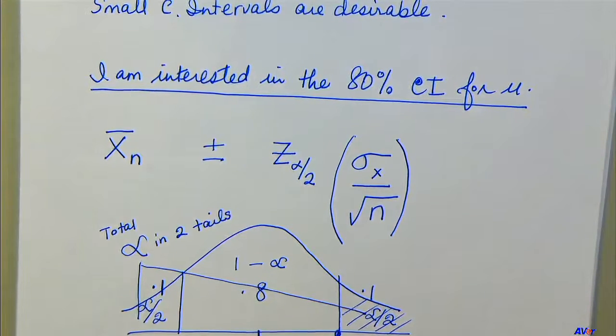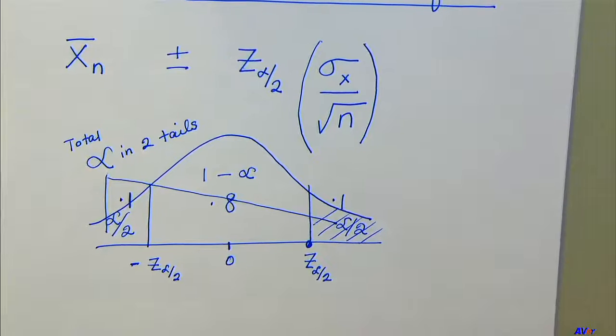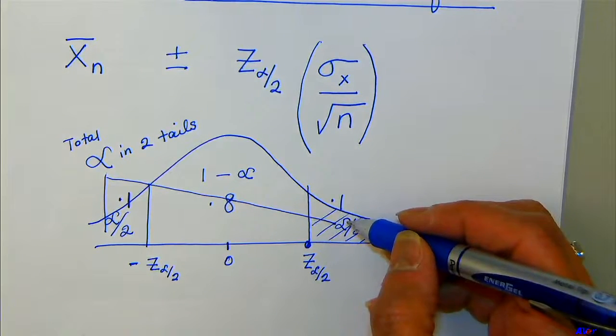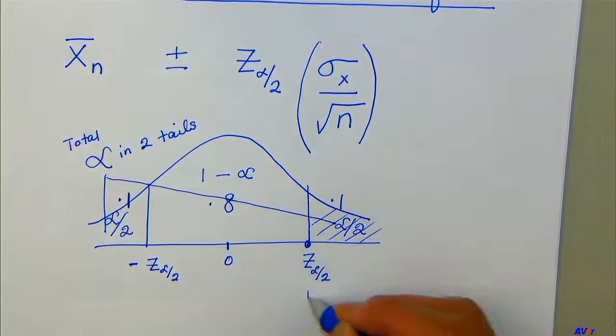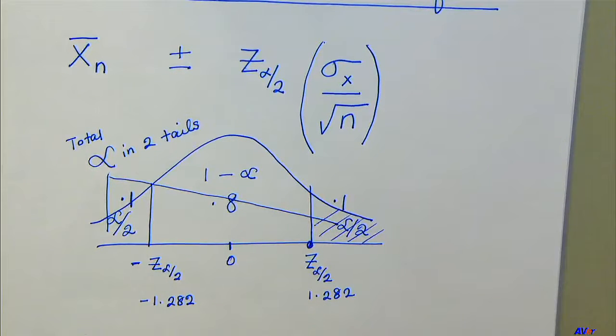So what happens on the right side happens on the left side, only with a negative sign. Follow me. So right now, can we go to our t-table and look up the 0.10 number? You will see 1.282. That means this one is minus 1.282. Agreed?